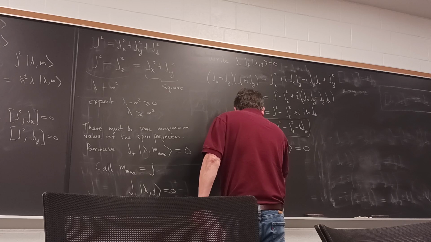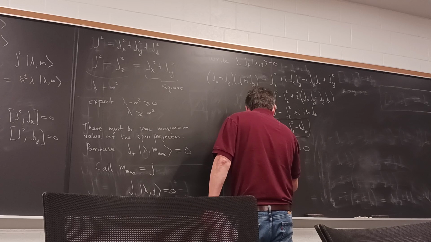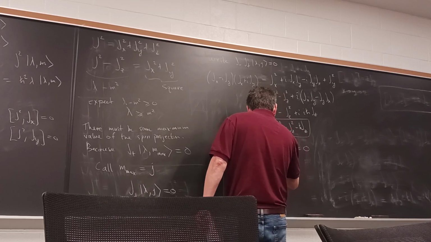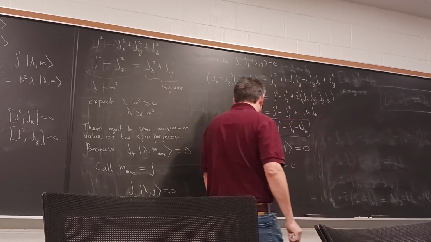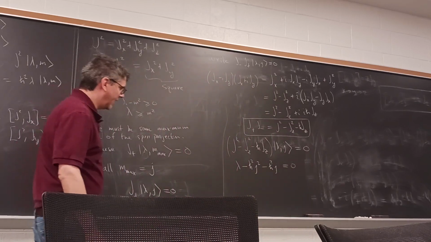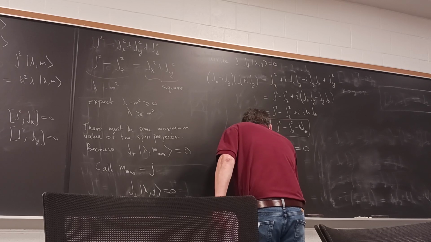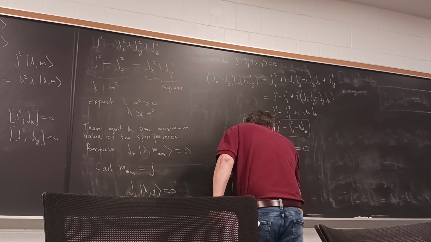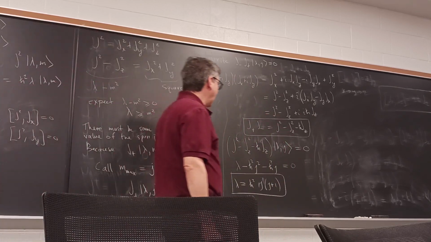So this will give us lambda minus h bar squared j squared, and then minus h bar squared j, and this has to equal zero. That gives us lambda: lambda is equal to h bar squared j times j plus 1. That's the way to write it, and that's it. So now we have the top rung.